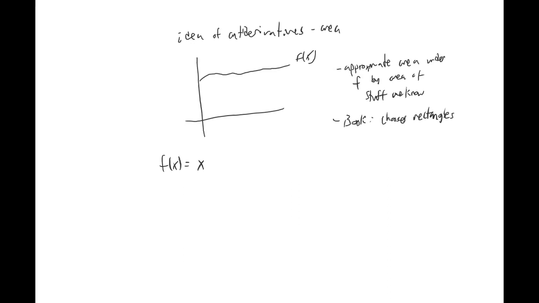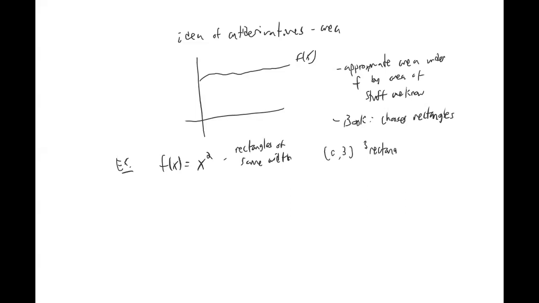So let's just go straight to an example. If f of x is x squared, the idea is I want to use rectangles of the same width. For the purposes of this example, the interval is 0 to 3, and I want 3 rectangles.